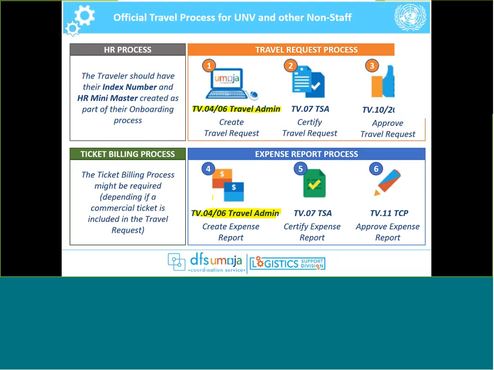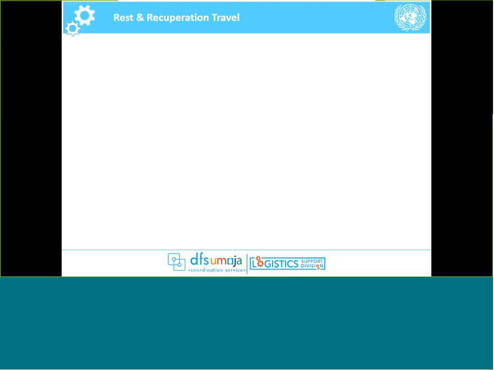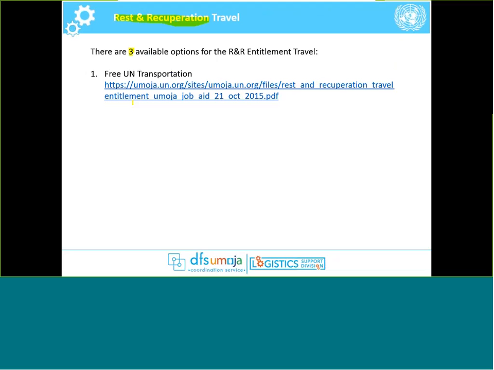Then for R&R, for UMBs, we still have the three different options, the ones that you are already familiar with. Depending on the mission, for missions providing free UN transportation to international staff or UMBs, we have the same process as we currently have for international staff.